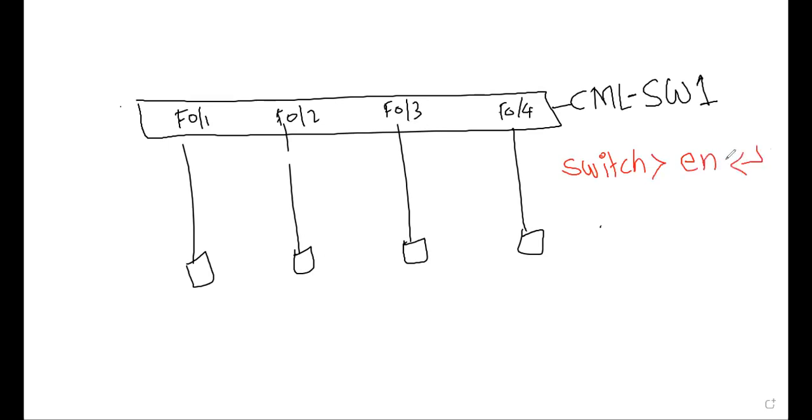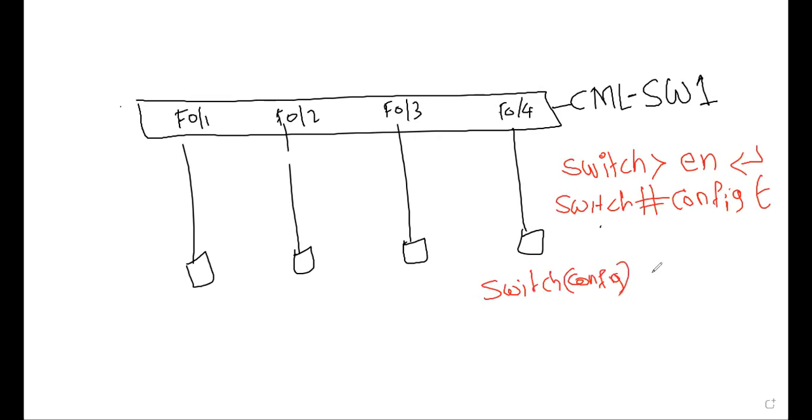This is called enter. Then it will come like switch#. Then you need to put the command called config T. Then it comes like switch open bracket, config, close bracket, like this.